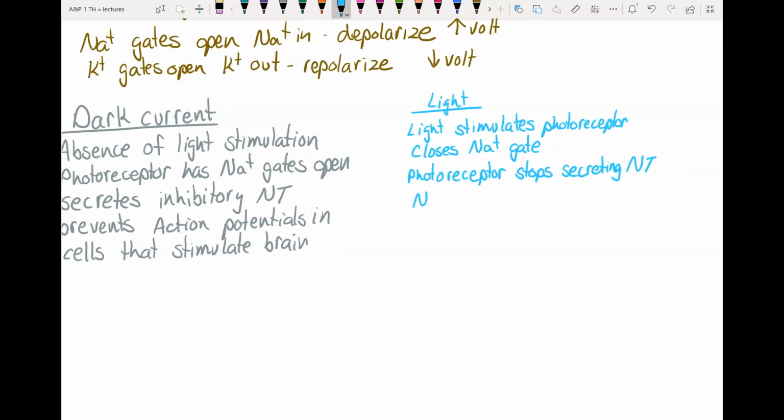So this means you no longer have that inhibitory postsynaptic potential. And since you no longer have that, you're not inhibiting the bipolar cell. So now the bipolar cell has an action potential.